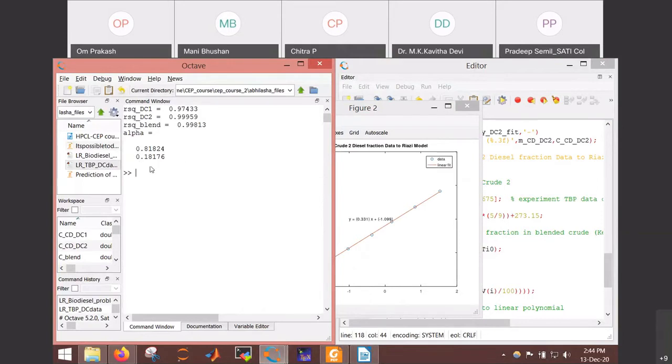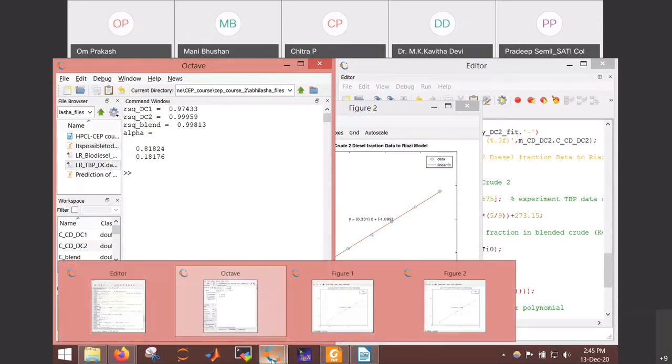These are volume fractions. If 1 liter is the reference, then I can mix 0.8 liter of the first crude and 0.1 liter of the second crude, and I will get the desired property of my blending mixture which was required.